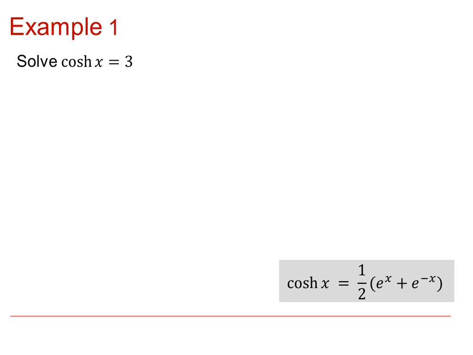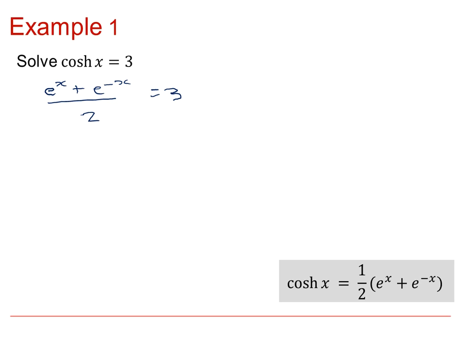Rewriting cosh x equal to 3 in this first example, we can see that e to the x plus e to the minus x over 2 equals 3.